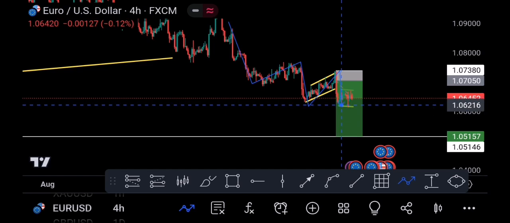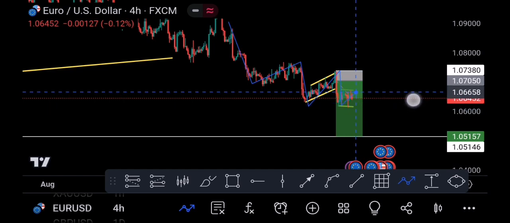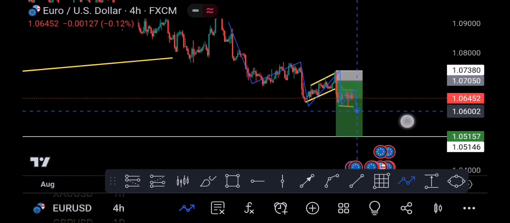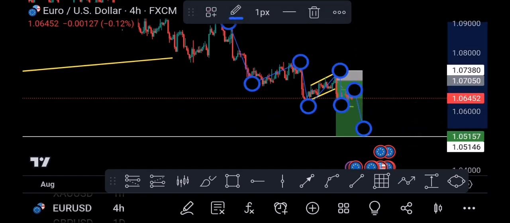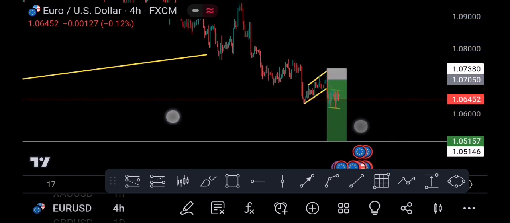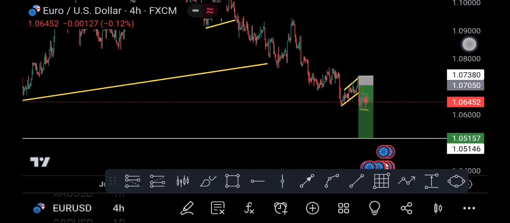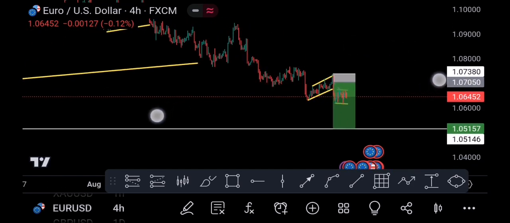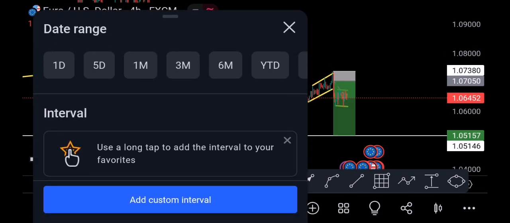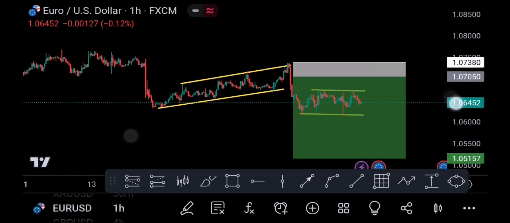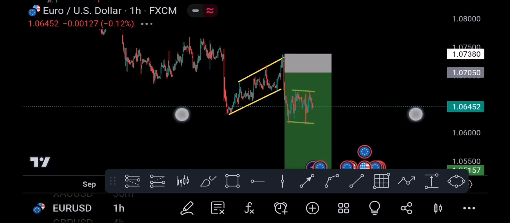We are in a corrective phase, by the way, signaling an impulsive phase. So if I move down again, and once again go to the 1 hour. When I get to the 1 hour time frame, this is where the magic happened.